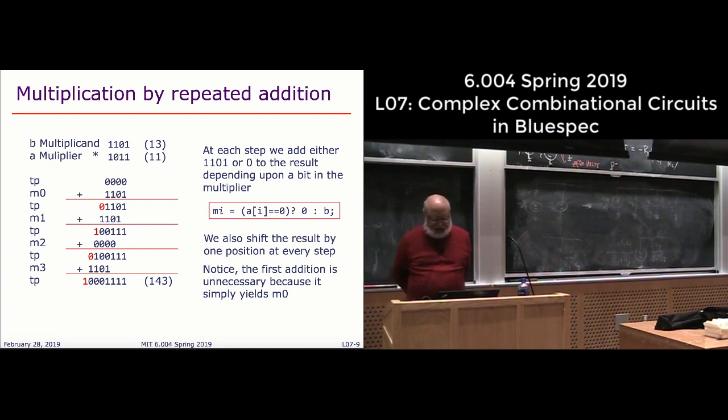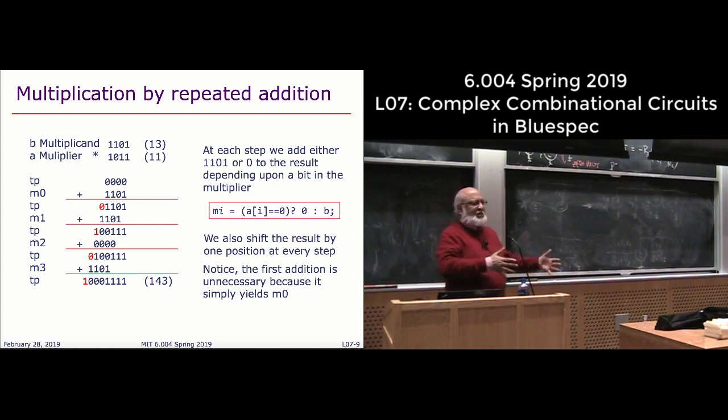We also shift the result by 1 position on every step. This you must remember from your elementary school, whenever you learned your multiplication, right? You keep moving it 1 to the right, because in the first iteration itself, I have already got the first bit of my result. In the second iteration, I get the second bit.